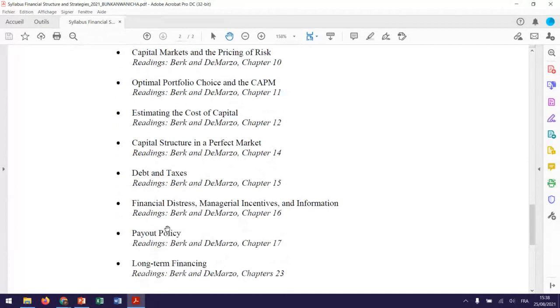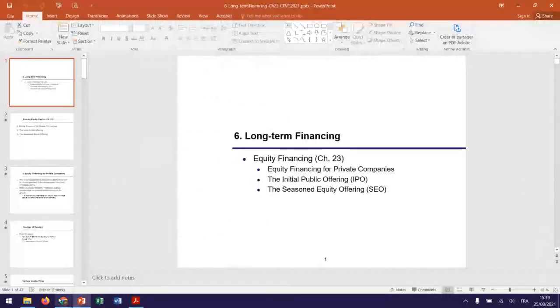And then we have chapter 17, which is about the payout policy, and then chapter 23 on long-term financing, where I cover only equity long-term financing. You can read about the other long-term financing, but I don't feel it's interesting to explain in class, but you can read it by yourself. Is it clear?